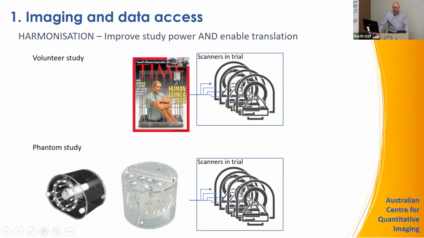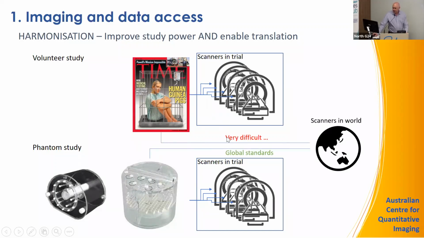So generally we'll do what's called a phantom study. So there are generic designs for plastic, water-filled, other agent-filled phantoms that can be scanned on multiple scanners, and in concept we should get the same result if those scanners are harmonized.